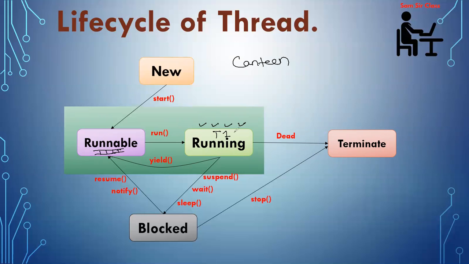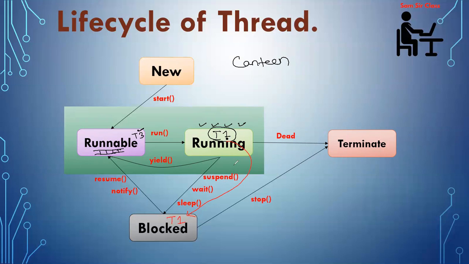Now whenever a first year student is consuming food and a third year student comes, the third year student has more priority than the first year student in the institute. So due to the arrival of the higher priority thread, the currently running thread will be taken out from the running state and will enter the block state.